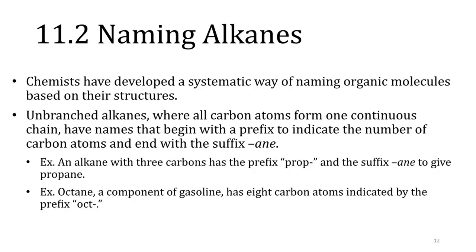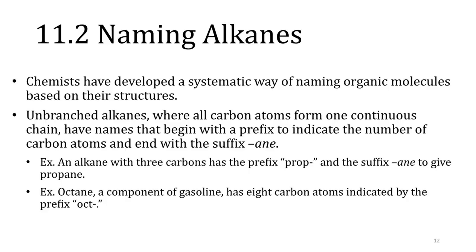Now, next up, we're going to learn how we name alkanes. Even if you take something small, something fairly simple like C7H16, seems like a fairly simple compound. There are a very large number of ways that we can connect all those carbon atoms together.